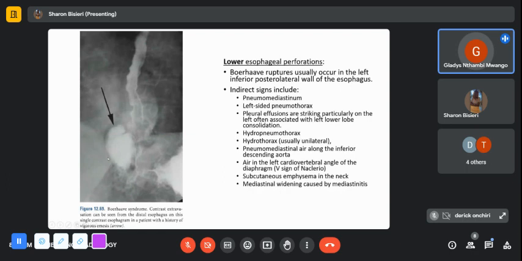Now, the air around it will definitely point towards a rupture in terms of air tracking, but I'm just wondering why this contrast is so well contained that you almost think you are seeing a mucosal fold or a cleft on its medial aspect. Yes, so you're right, it can be a differential.